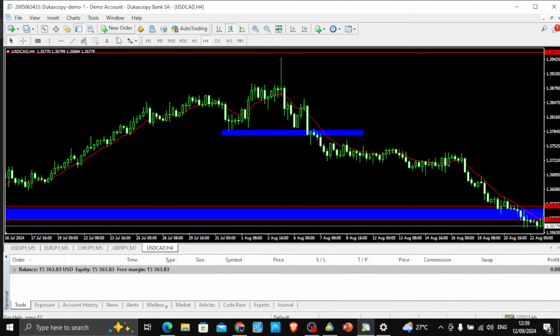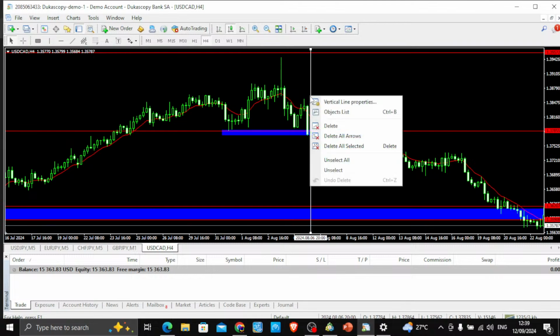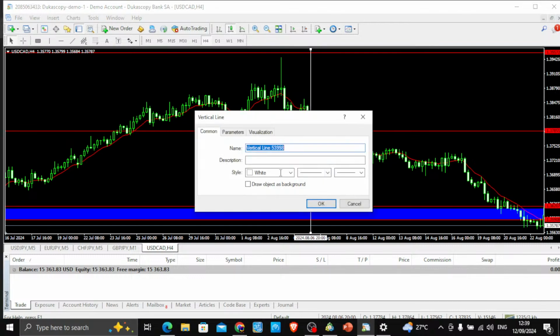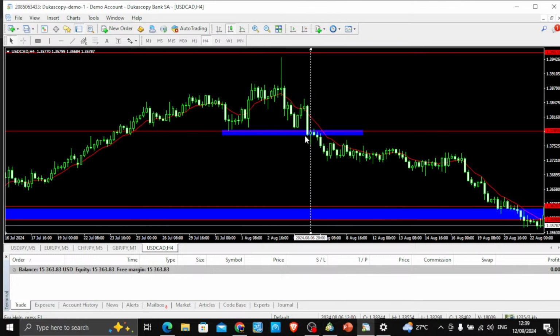This is our lowest point here. We took it out with a huge bearish candle. Then there was another candle here that is weak, because you can't compare this candle with this.